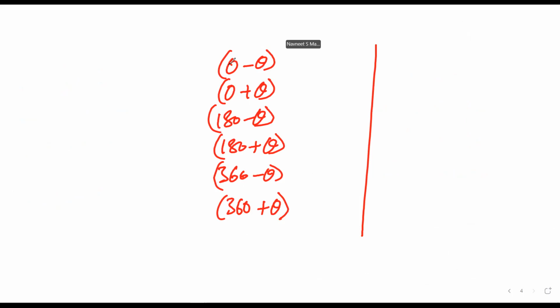Whenever they ask you what is sine 0 minus theta, what you need to remember is that sine would remain the sine on the right hand side.